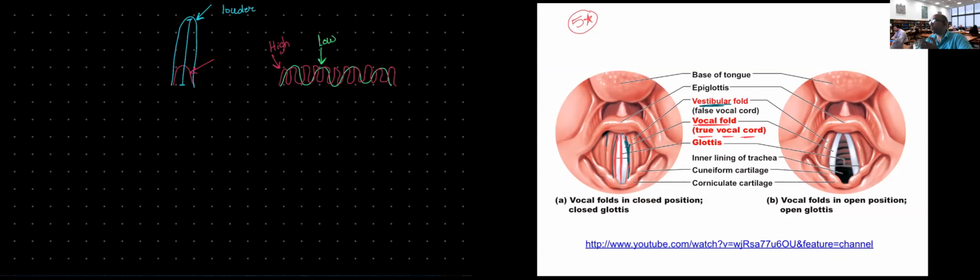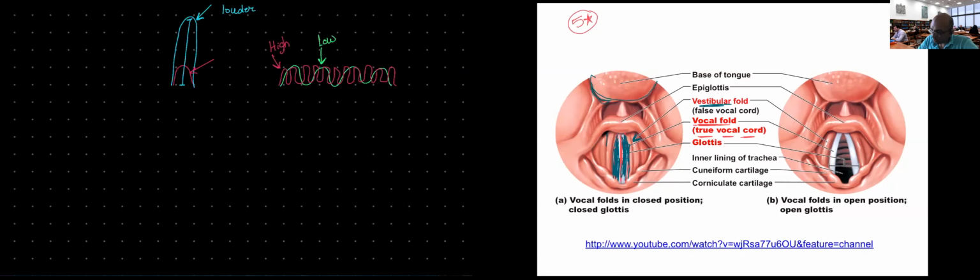So why do I call them false vocal cords? Because simply they are not emitting any sound. They are just determining the degree of stretch of the true vocal cords. So those are here the true vocal cords. Those are the false vocal cords or my vestibular folds. You see on here, this is the base of the tongue.